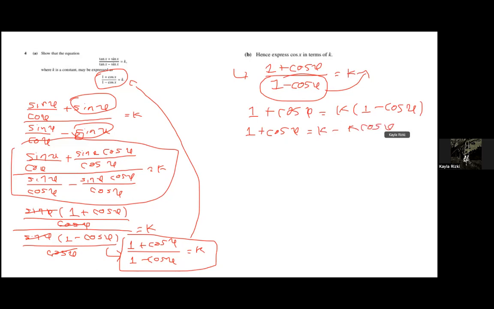Terus kita pindahin yang cos ini ke sebelah sini supaya bisa kita jadi in terms of k. Jadi k cos x plus cos x equals to k minus 1. Terus karena ini sama-sama ada cos x, kita bisa keluarin cos x jadi gini.